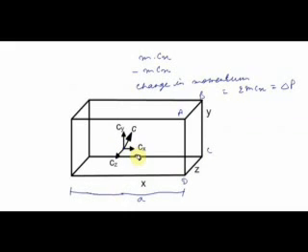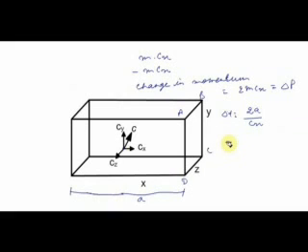Now the velocity of the gas molecule along x direction is cx. So after the first collision, this molecule will travel the distance of 2a before colliding with the same wall again. So the time taken by the gas molecule to travel the distance 2a would be delta t is equal to 2a by cx. After this time interval, the gas molecule will again collide with the wall ABCD.